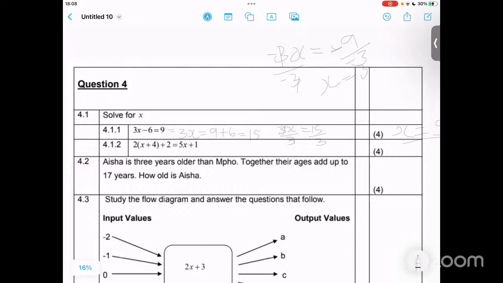Now, does everybody agree with this? Yes, ma'am. Okay, cool. Did you try to prove if the answer is correct? How do we prove if the answer is correct? Ma'am, we just put 3 in the position of the x, and then we type the whole entire equation to get the answer.